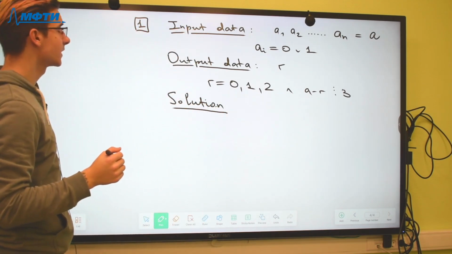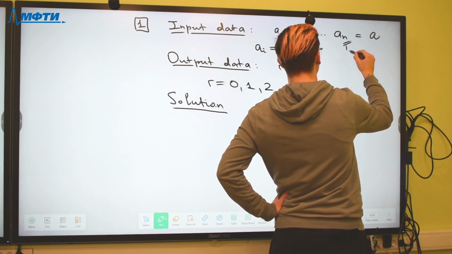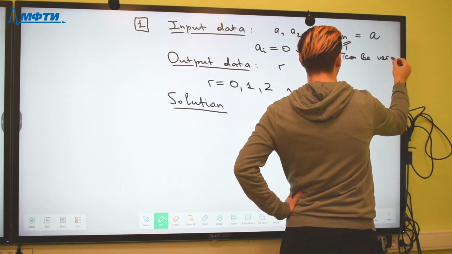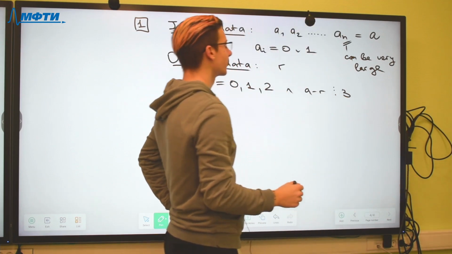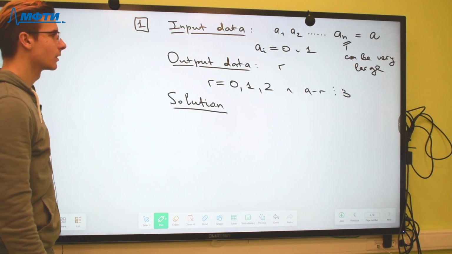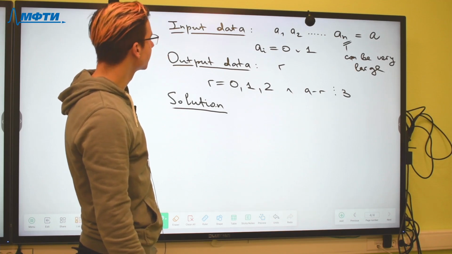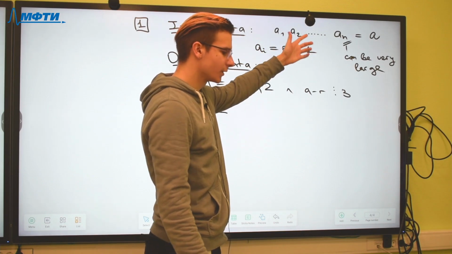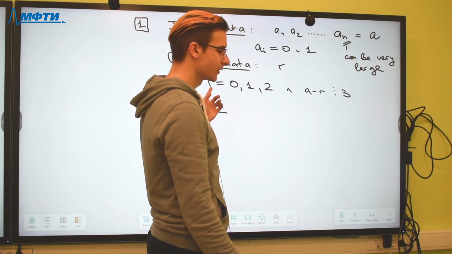The difficulty of this task is that n can be very large. If it is equal to, for example, 10 or 20, you can parse it as an integer, store it, and find the residual of it.